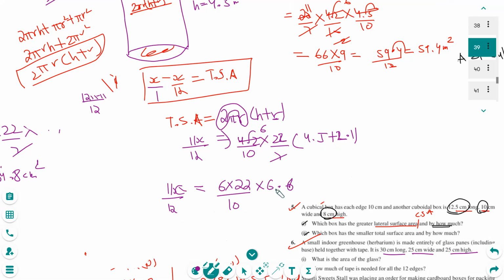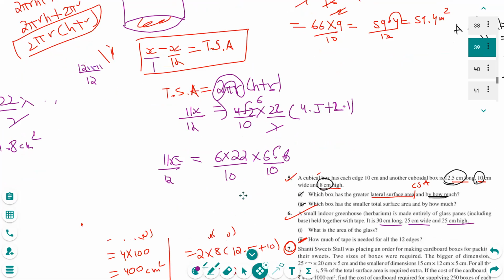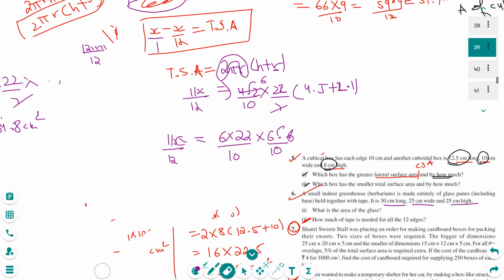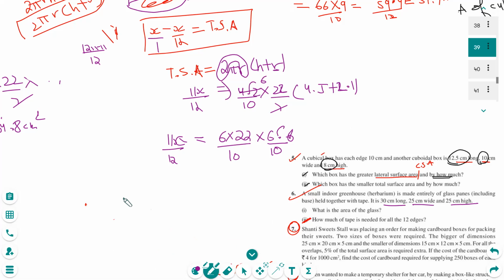Now I'm going to find the value of x. The calculation looks a bit tricky, but it isn't actually. It's just your thoughts. So x will be, if I cross multiply, 12 by 11, reciprocal, 22, 10, 66, 10, 11 times 13.8.